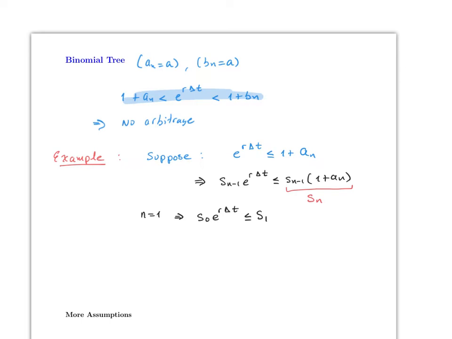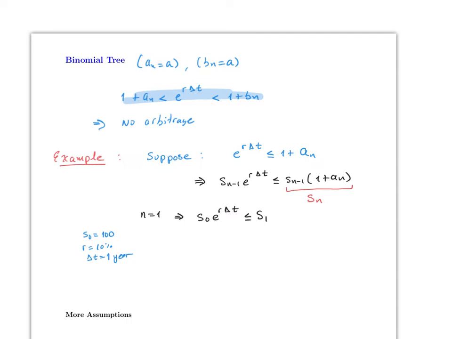So this implies that borrowing money is cheap, and you can take advantage of that. For example, let's say that S0 is equal to 100. Let's say that the interest rate is 10%, and let's say that delta t here is equal to 1, or 1 year, just for simplicity.